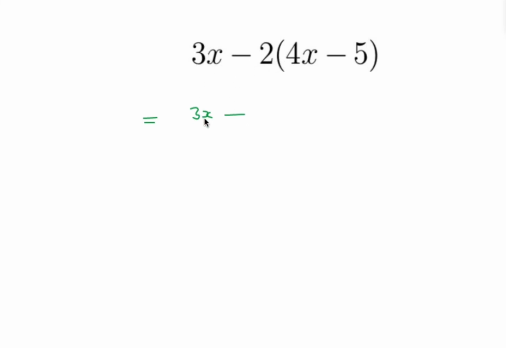So 3x write as it is, and minus 2 multiply with 4x, minus 8x, and minus 2 multiply with minus 5, plus 10. Remember, whenever we multiply by negative numbers, bracket sign always changes. Okay. Now we can combine like terms. Here 3x and minus 8x are like terms, so we can combine 3 minus 8, minus 5x plus 10.